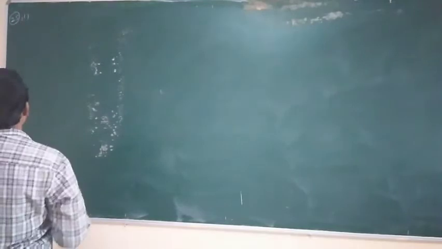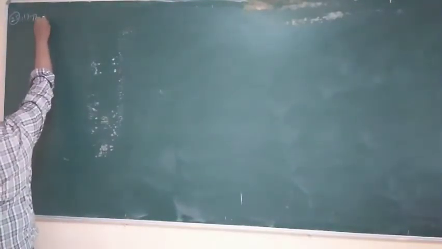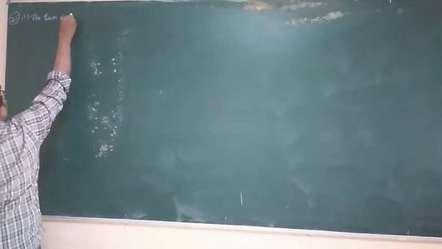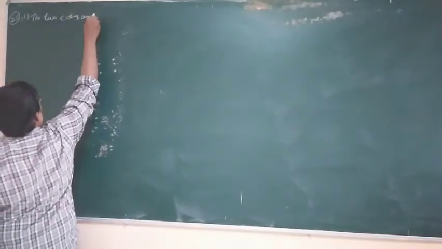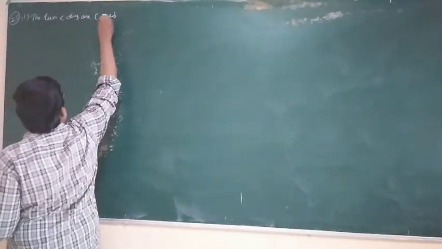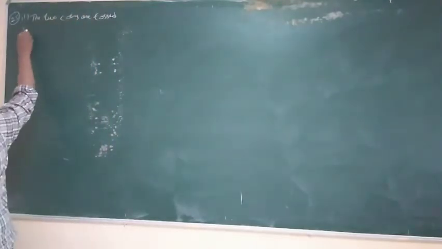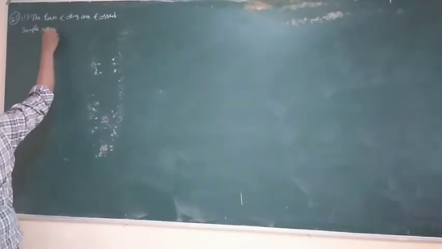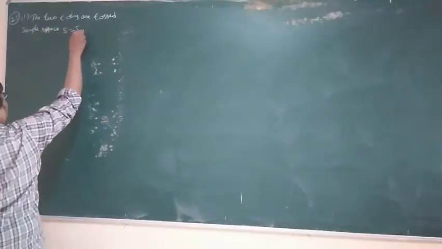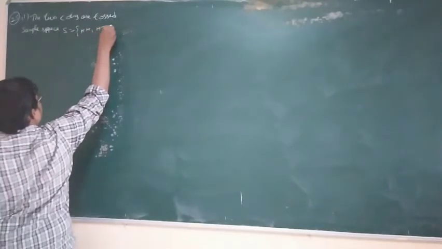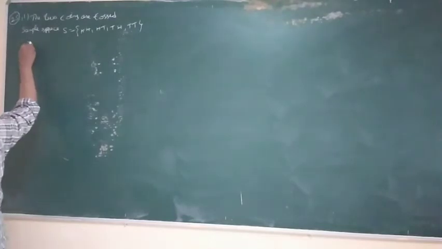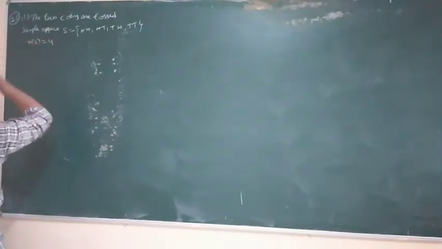The sample space S is equal to HH, HT, TH, TT. So N of S is equal to 4.